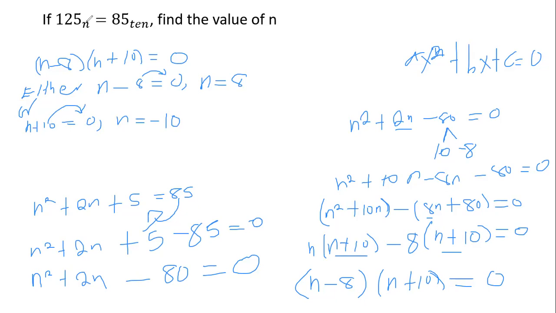According to what we have covered so far, we have not seen negative number bases. So we shall conclude that n is equal to 8, simply because our base cannot be a negative.